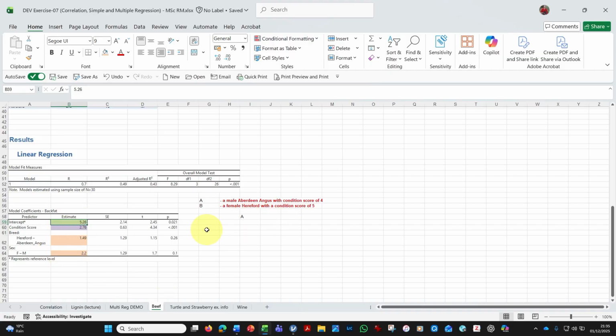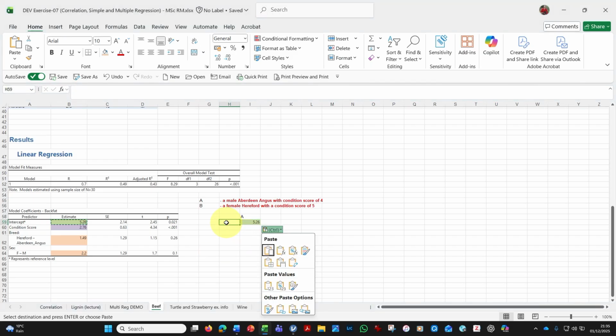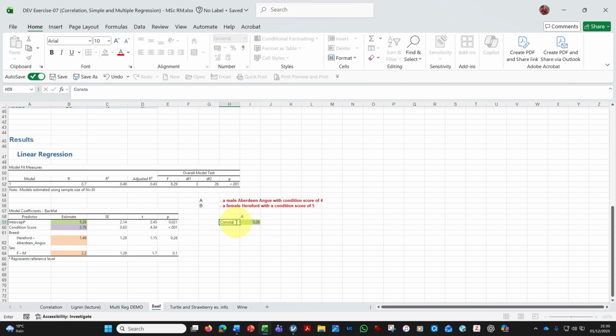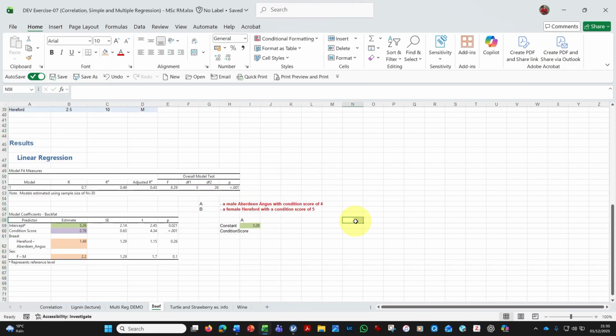So for A, for a male Aberdeen Angus, well, they're both going to have this one, the constant. So here is the constant, or I'm going to write constant because I like constant, but the constant is the intercept where it hits the axis. Here for the condition score, well, let's make that one a bit wider.